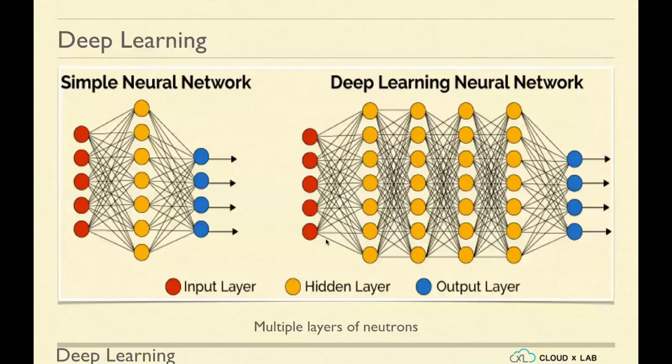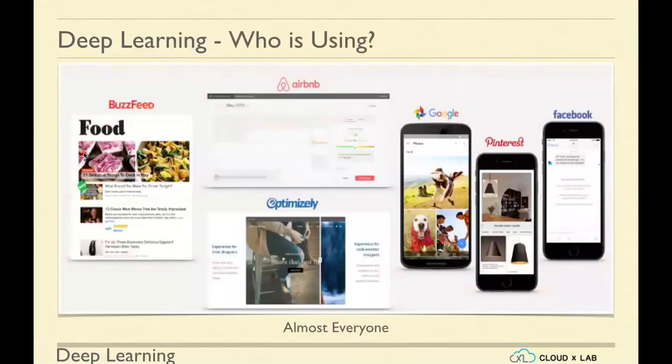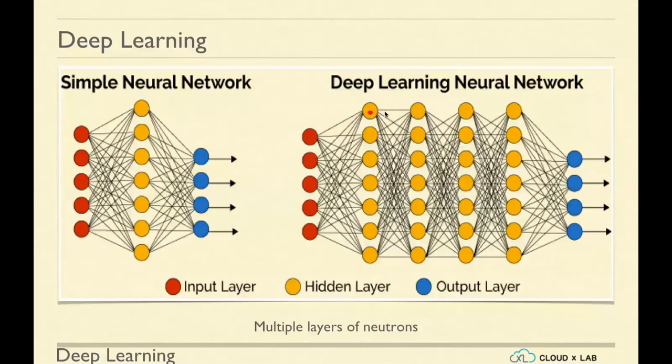This is the input layer, and these are all weights. These are all knobs that you need to tweak in order to achieve the best output. The output of this neuron is going to all of these, the output of this neuron is going to all of these, and so on.